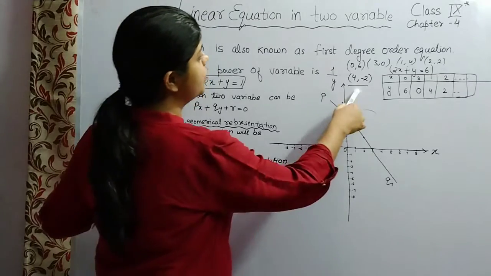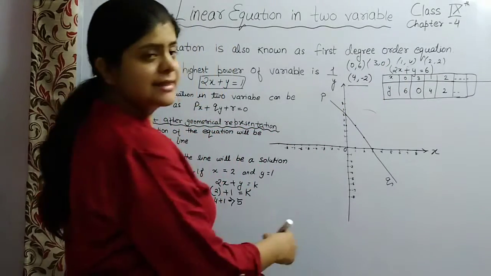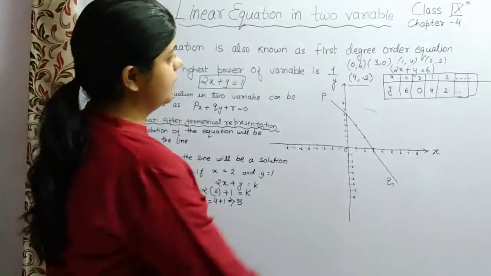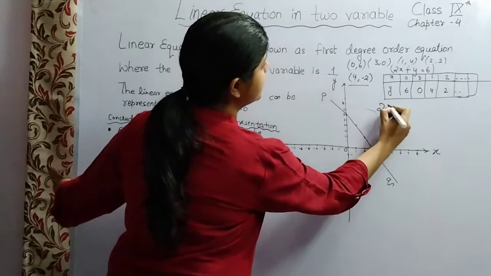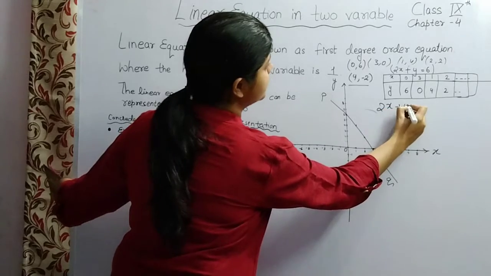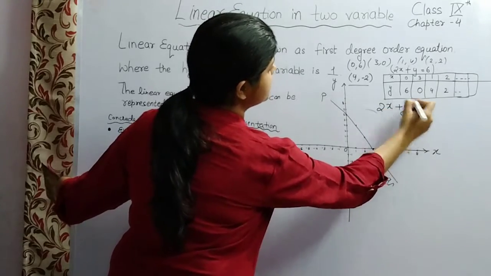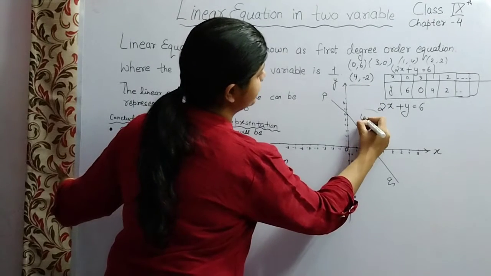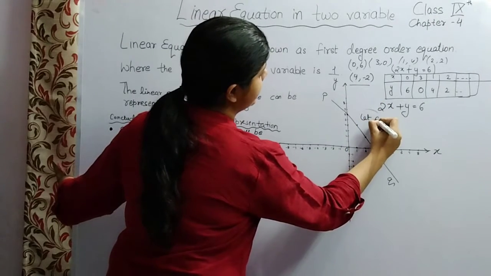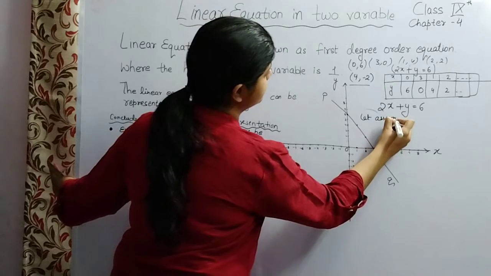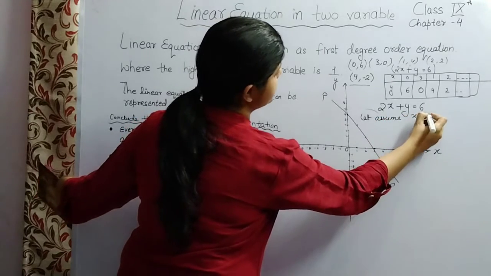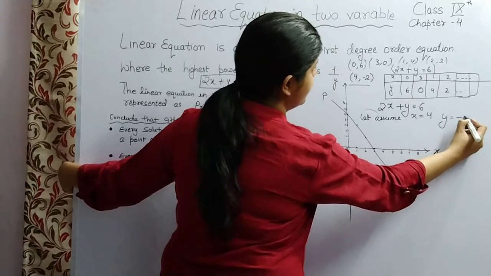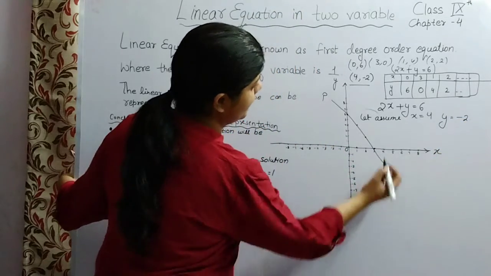If we put these values in the equation, let us see whether this point satisfies the equation or not. The equation is 2x plus y is equal to 6 and the point, let us assume, x is equal to 4 and y is equal to minus 2.